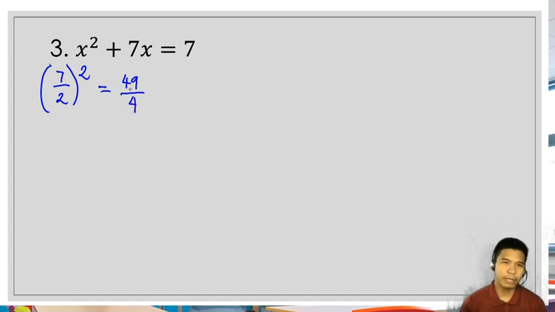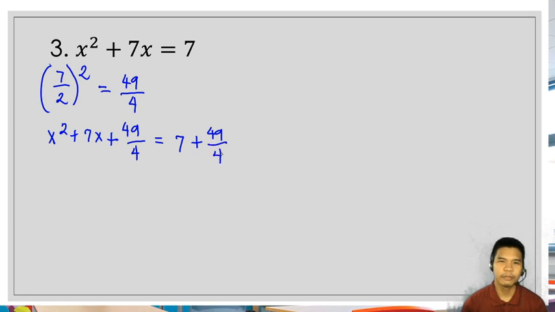Tapos, mag-a-add tayo ng 49 over 4 both sides. So, that is x squared plus 7x. Copy nyo lang. This time, meron plus 49 over 4 equal to, sa kabila rin, copy 7. Tapos, add tayo ng 49 over 4.